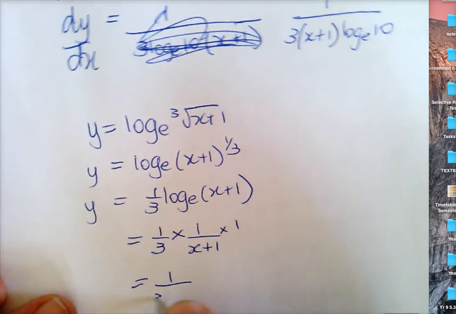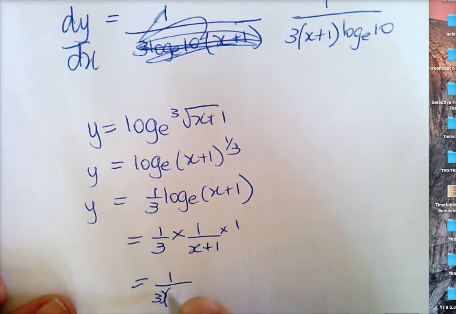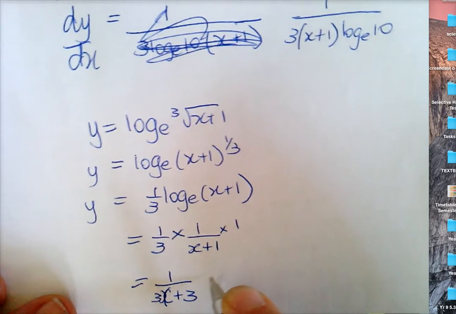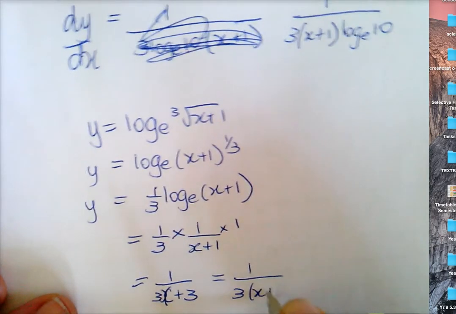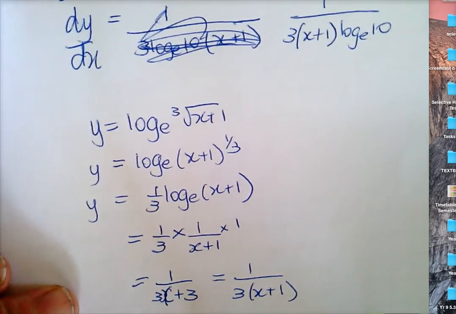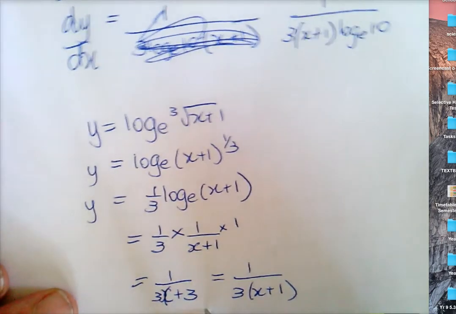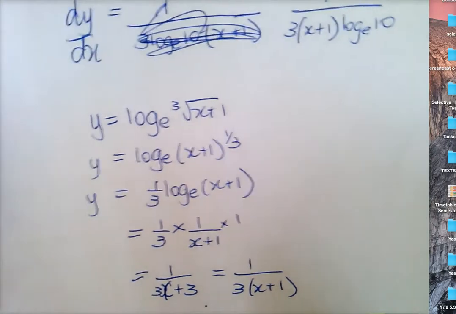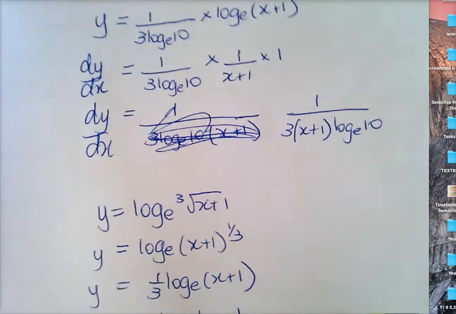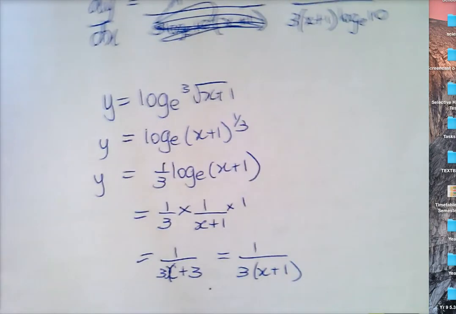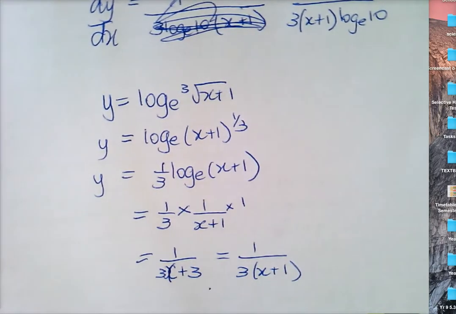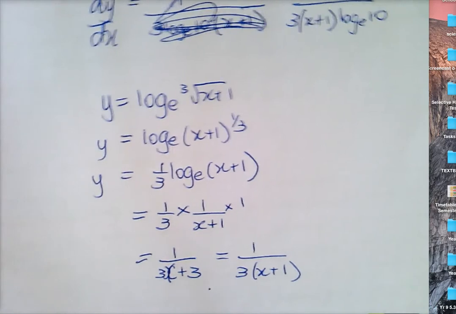1 on 3 bracket 3x plus 3, or you could have done 1 over 3 bracket x plus 1. Either way. They've got 1 over 3x plus 3. That was meant to be log to the base e. So a question should have either log to the base e or ln.